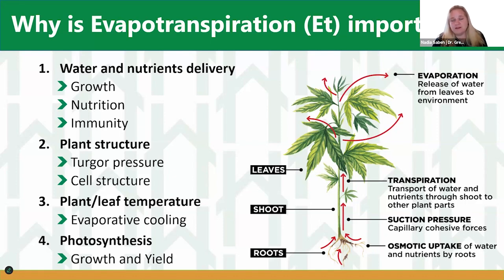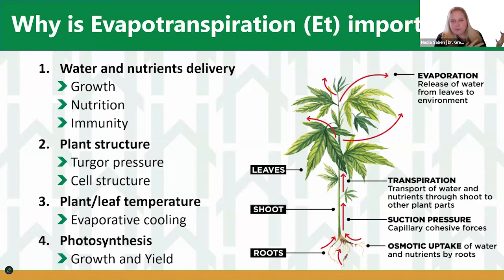That's why when the plant isn't well watered, or if we shut down the evapotranspiration process, our plant begins to wilt. It's that turgor pressure that's holding it up. And so, related to that is that evapotranspiration helps to support the cellular structure of the plant. So, very important to keep our plant upright and healthy.